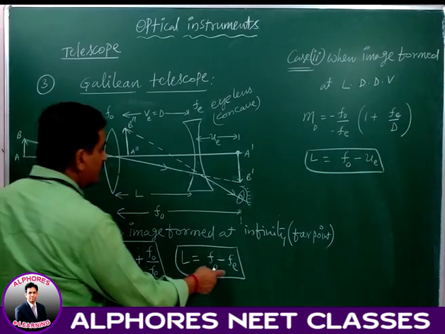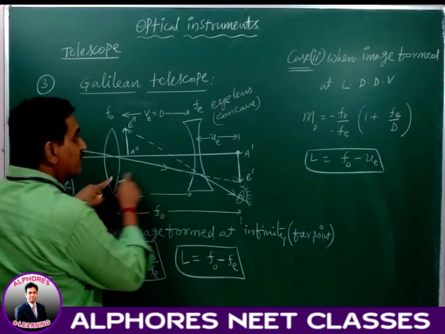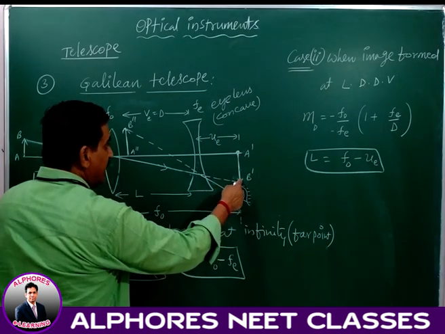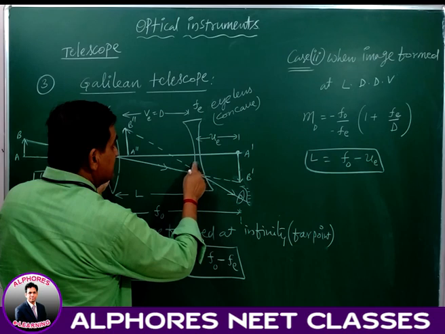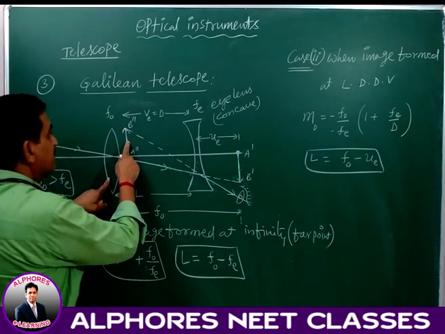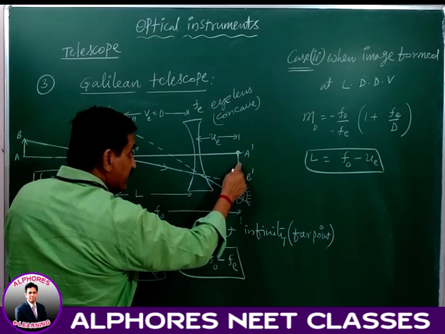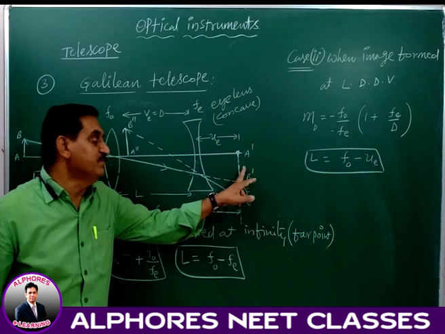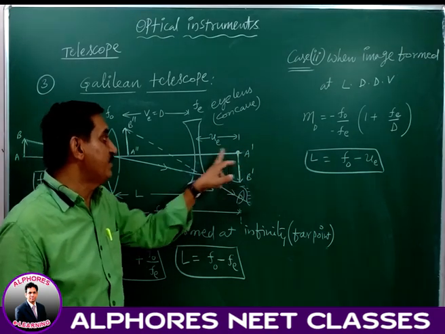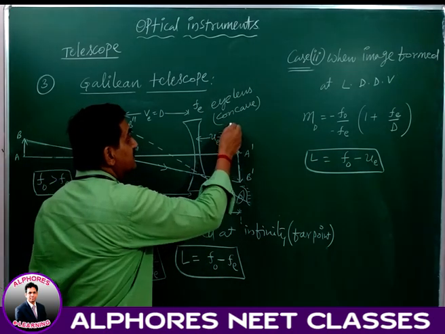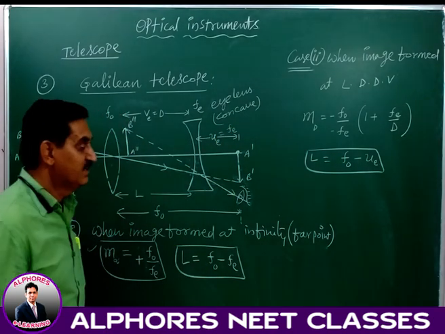But the length of the telescope in this case: from here to here it is the focus point of the objective lens, f0. Whenever this lens is so adjusted that its corresponding image goes to infinity, that is possible when this image serves as an object to the concave lens and this image is exactly at the focus point of the concave lens, meaning ue is fe.